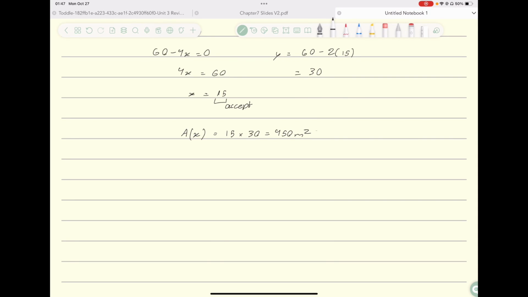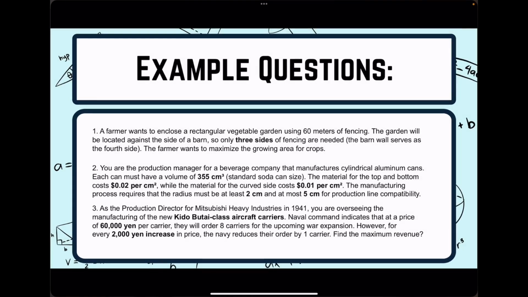So let's go to the next problem. For the second question, you are the product manager for a beverage company that manufactures cylindrical aluminum cans. Each can must have a volume of 355 cubic centimeters.